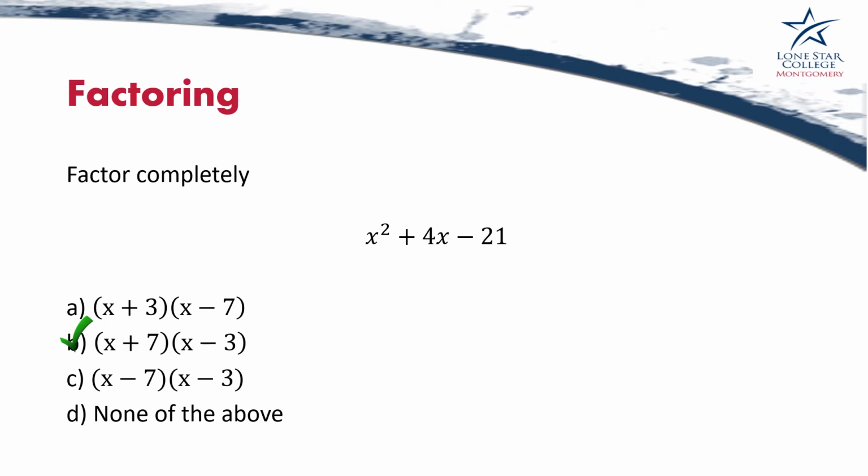So let's check if our answer is correct. If we were to rewrite this answer, x plus 7 times x minus 3, we can use the FOIL method to expand these two binomial terms. So x times x is our first, x times negative 3 is our outer, 7 times x is our inner, and our last is 7 times negative 3.